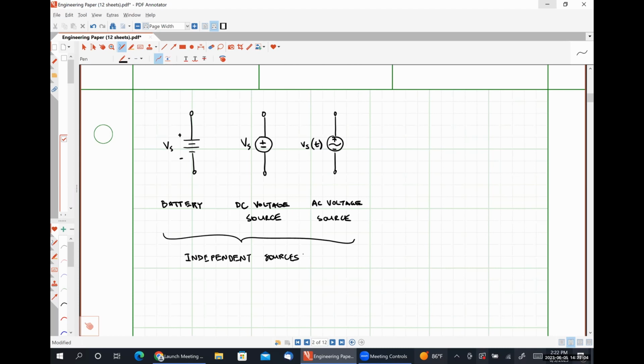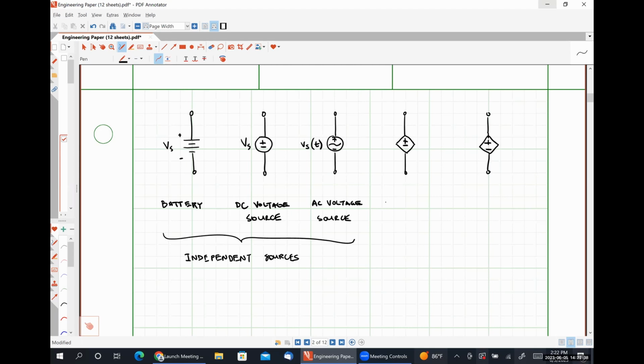The last two sources that I'm going to introduce are dependent sources, and their value depends on other things that are connected to the source. So dependent sources are denoted by diamond shapes. And we're going to have two dependent sources with the exact same symbol, which can be a bit confusing. So we're going to talk about them here really quickly.